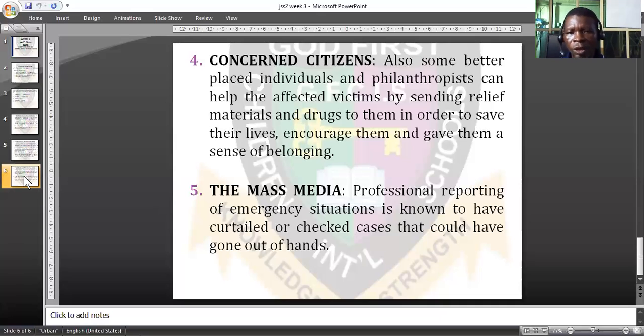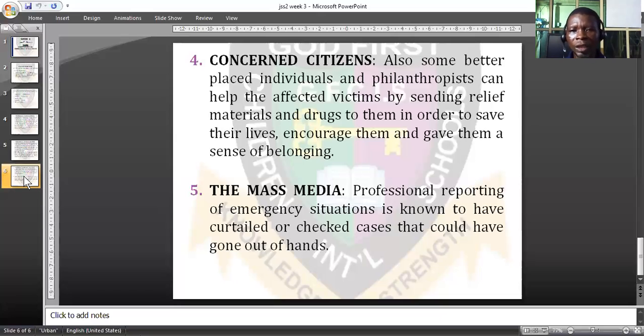Some better placed individuals and philanthropists can help the affected victims by sending relief materials and drugs to them in order to save their lives, encourage them, and give them a sense of belonging. People that are hungry, people that cannot go out to carry out their daily activities because of lockdown, they need to eat, they need materials, they need drugs to survive.